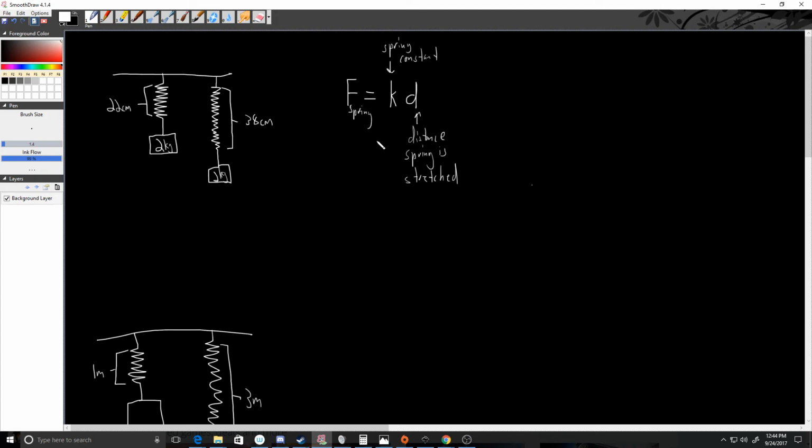A lot of places are going to make your k negative, because they say it's always in the opposite direction of whatever force is being applied to it. Sometimes instead of d, you'll see delta x, because really it's a change in position. Really, it's the distance the spring is being stretched, and we're going to go through it here in a second. All right, so this is our main equation we're using.